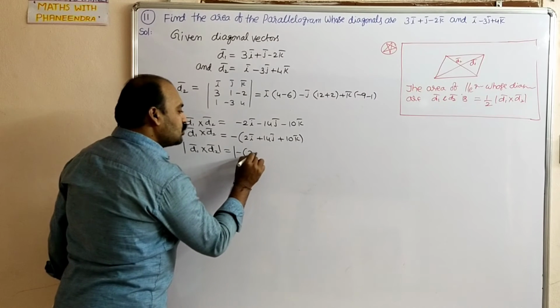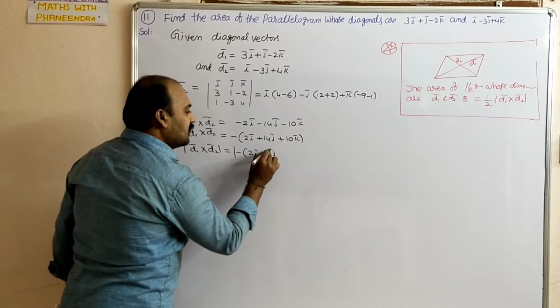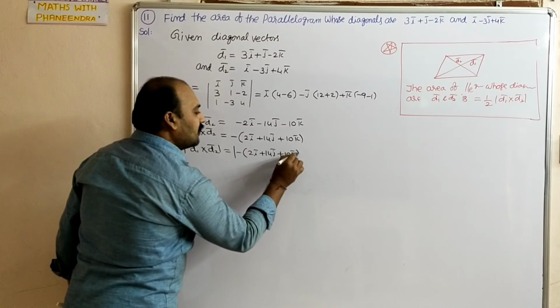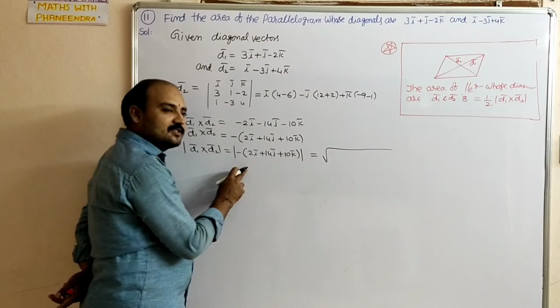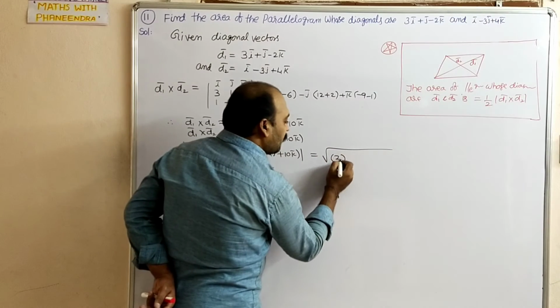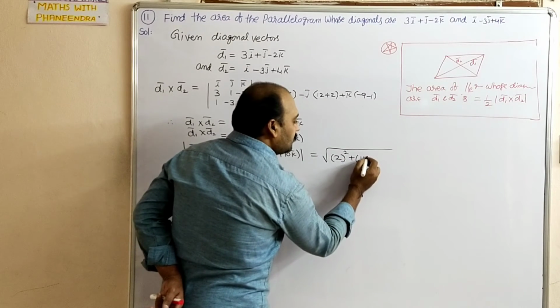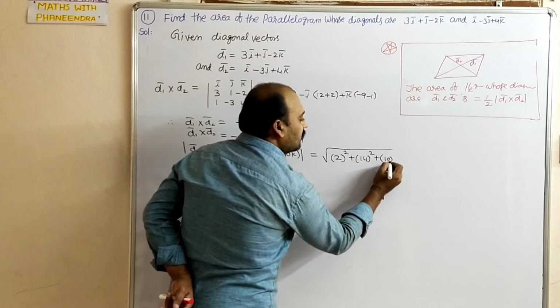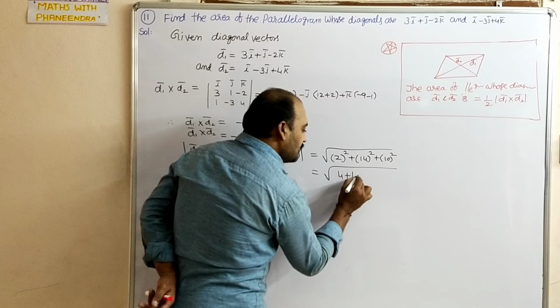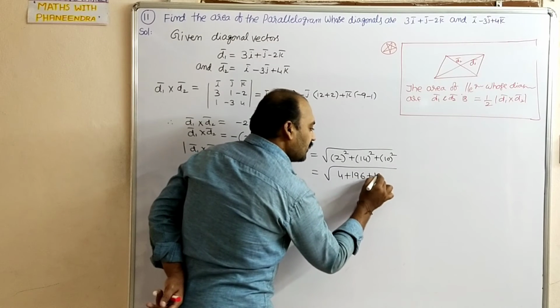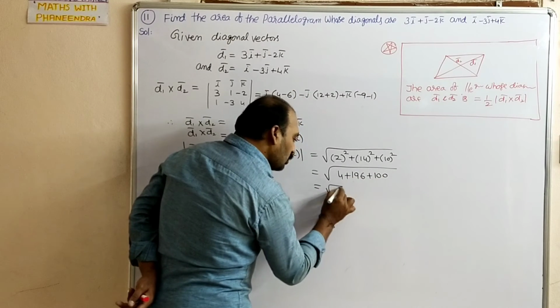Modulus of minus 2i minus 14j minus 10k, which is equal to square root of, within modulus it will become plus, 2 square plus 14 square plus 10 square. So which is equal to root of 4 plus 196 plus 100. So ultimately we got root 300.